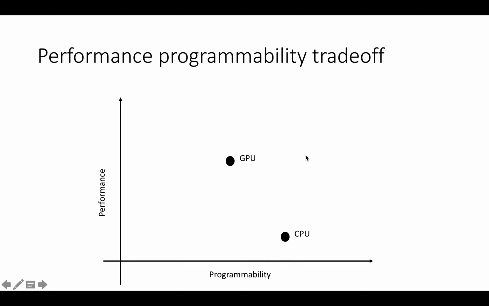On the other hand, you might have something like a GPU, and notice that relative to a CPU, GPUs are shifted back on the programmability axis. It's not as easy to program a GPU, and depending on how versatile the GPU is, there might be programs that are actually impossible to run on it. So GPUs are not as far along on the programmability axis, but they're much higher on the performance axis.